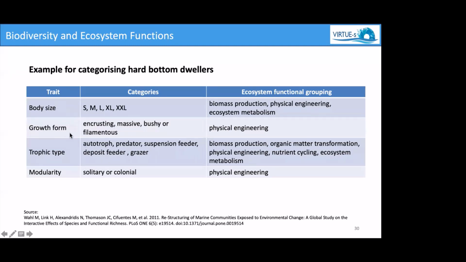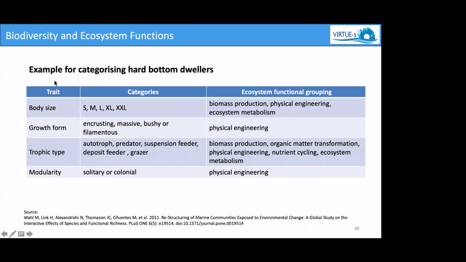The growth form may be encrusting, massive, bushy, or filamentous. The trophic type I have mentioned earlier. And modularity is whether they're solitary or colonial. And these are the functions in the environment or in the ecosystem which can be affected by this trait.